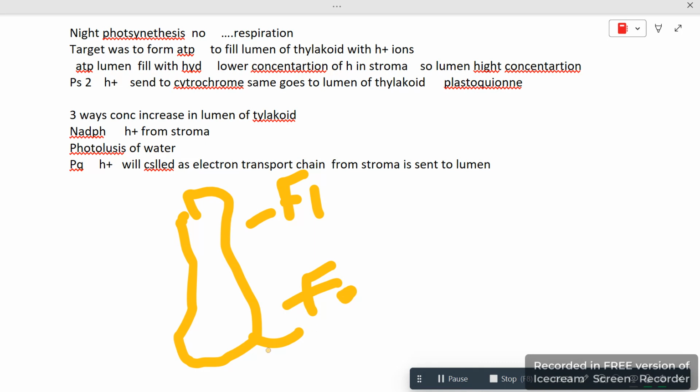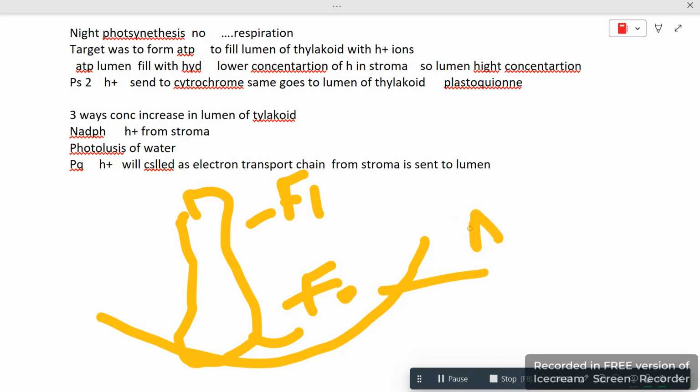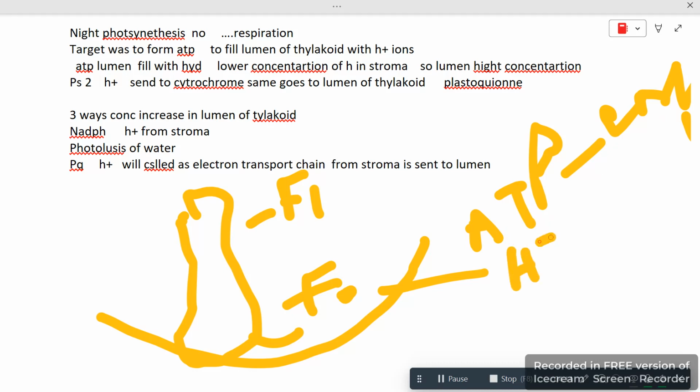So what they're saying is that this is present on the thylakoid membrane, which has the ATP synthase enzyme. Then all the H positive ions would be given to this part, and of course ATP synthase releases energy, so they will get energy.